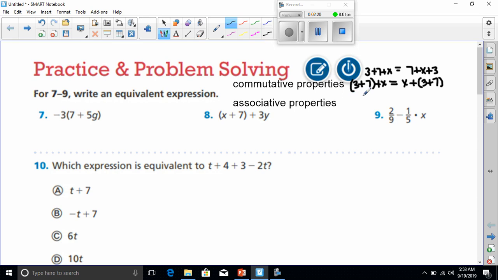Associative property is taking the parentheses and moving them, but not moving the order. So let's say I had the same example, 3 plus 7, and in parentheses, plus x. This would be equivalent to 3 plus, parentheses, 7 plus x.